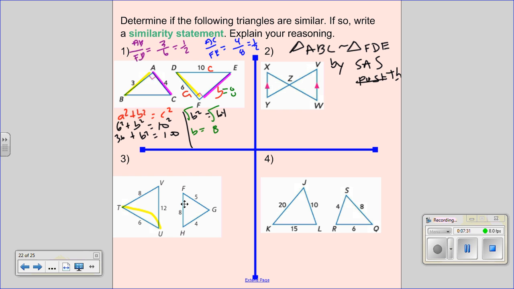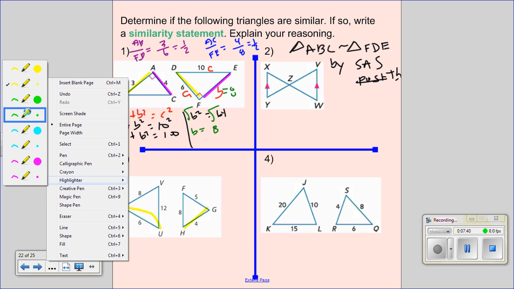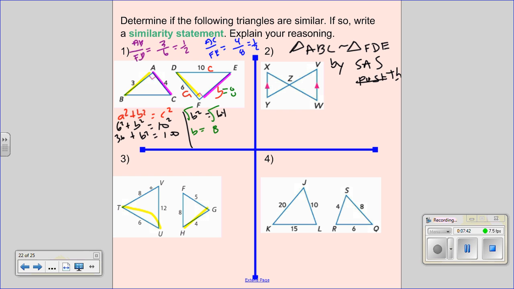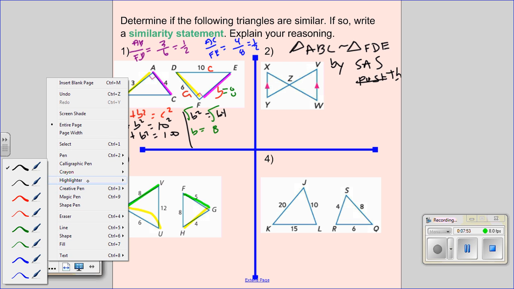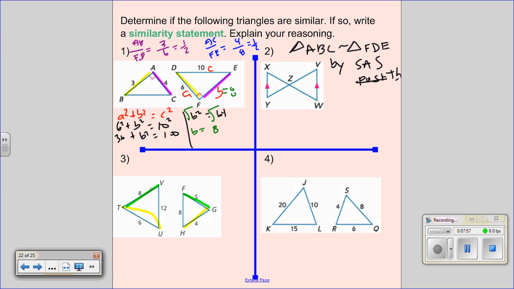So it would correspond with HG on the right. The next largest would be 8 on the left with 5 on the right. And that leaves 12 on the left and 8 on the right.